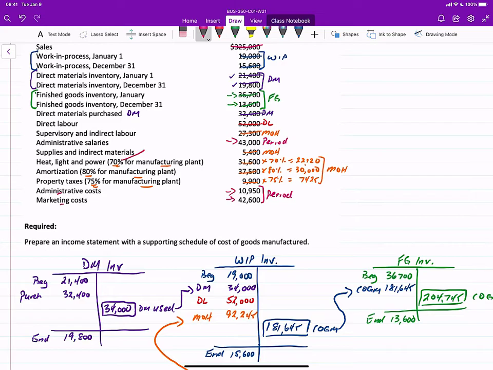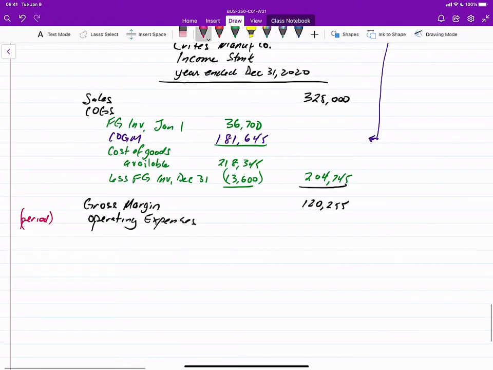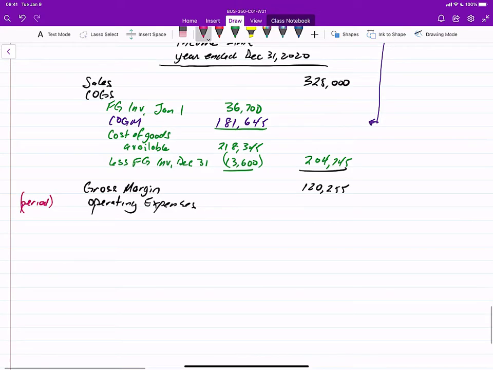So 70% was overhead, 30% is a period cost. Here, the amortization, we have 20% period cost, and the property taxes, 25%. So we will list these in any particular order. Sometimes we can do them in alphabetical order, highest to lowest. For our purposes, it doesn't matter. We'll get the ones that we don't have to calculate first, and then we'll do the rest.